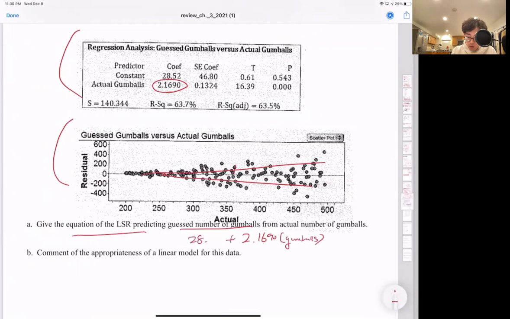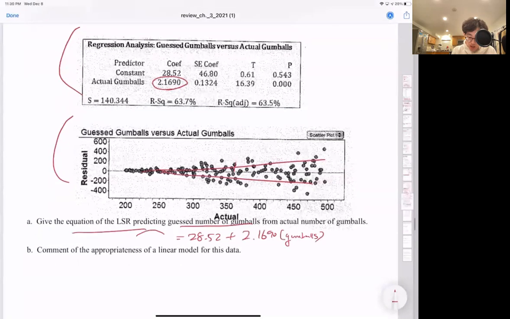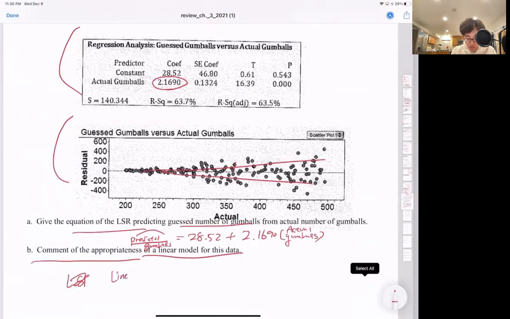Plus 28.52 gives you the predicted, or guessed, gumballs. So this is actual. Comment on the appropriateness of the linear model for this data. The linear model is not appropriate. So the least squares linear model is not appropriate.